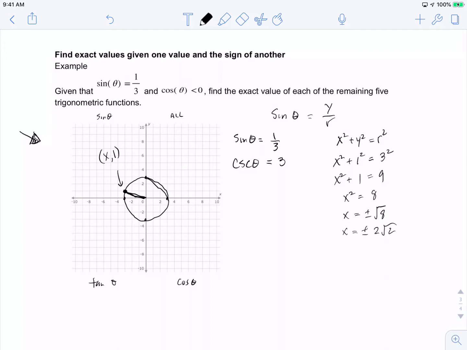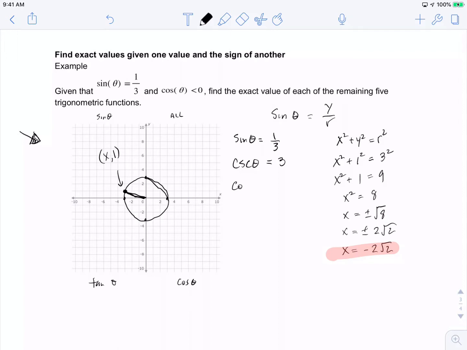Now the important thing to remember is, what quadrant are we in? We're in the second quadrant, so it's the negative. So then x really is negative 2 radical 2. Now that we have that information, that's important. We're going to be able to get the others.